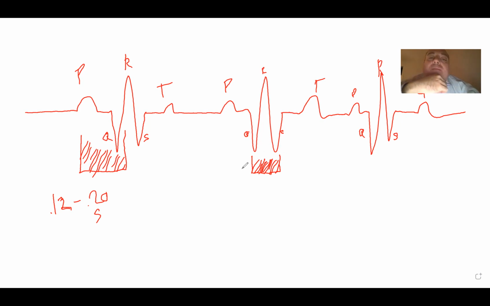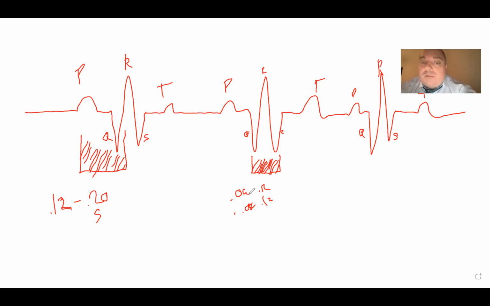So this should happen in a normal duration of time. Some texts will say 0.06 to 0.12, some will say 0.08 to 0.12, okay? The big key though is it should be less than 0.12 seconds. That's really the takeaway, okay?